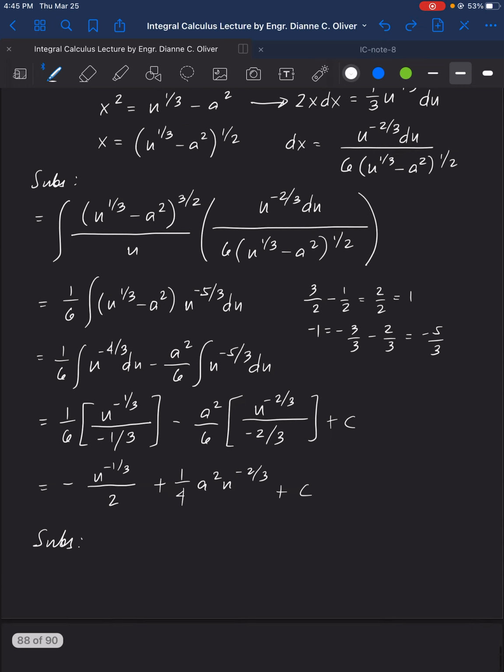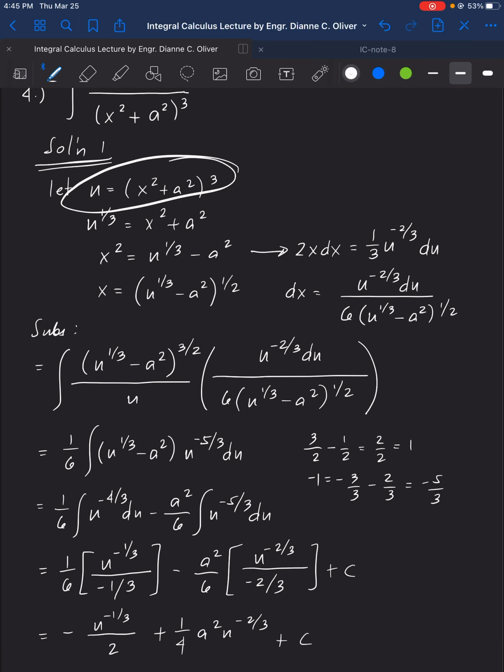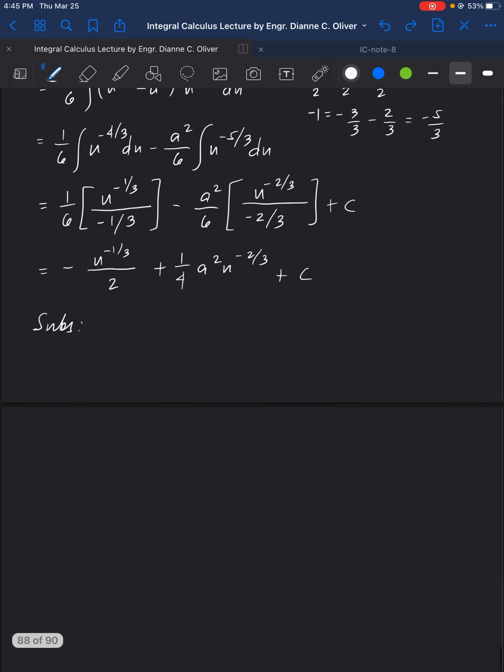So for substitution, u here is x squared plus a squared raised to the power of 3. Okay, so what happens here? If we substitute it, it becomes negative x squared plus a squared raised to negative 1/3 times 3 over, this actually becomes negative 1.